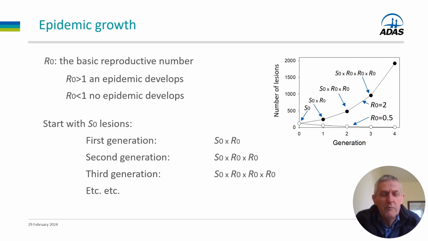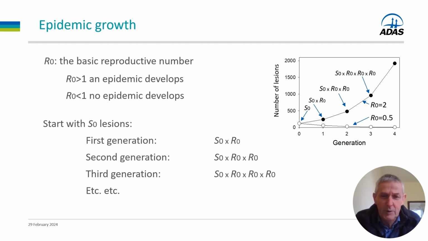If we can reduce the initial inoculum 4-fold, we'll delay the epidemic by 2 generation times. And if we can reduce the initial inoculum by 8-fold, we'll delay it by 3 generation times. So that's the theory of it.